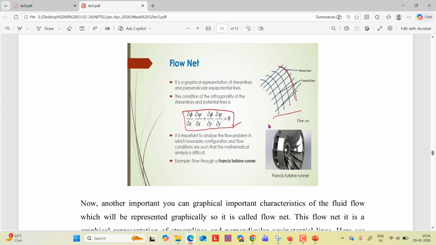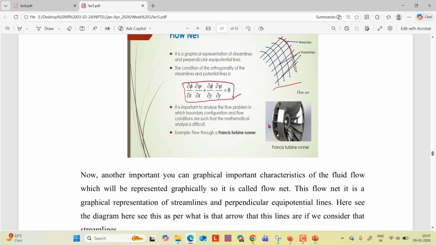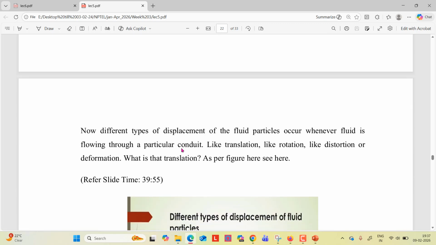So flow net is also the graphical representation of streamlines and perpendicular equipotential lines, because you know that the streamlines and potential lines are perpendicular to each other. So that's why they are creating a flow net kind of thing, right? This is the principle of making the turbine runner. Okay.